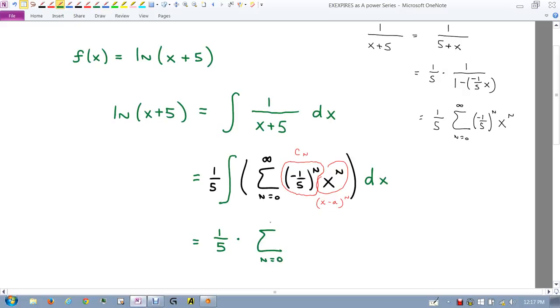No, not for integration. N equals 0 to infinity of negative 1/5 to the n over n plus 1 x to the n plus 1, plus some constant.